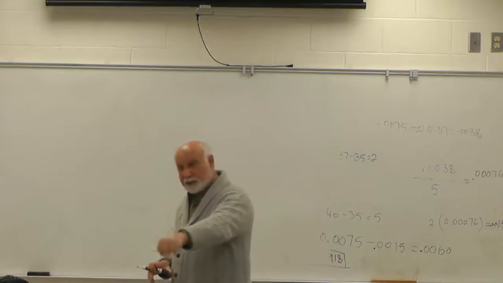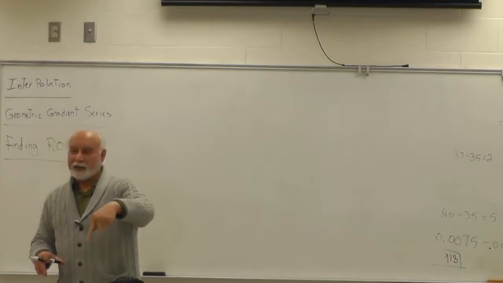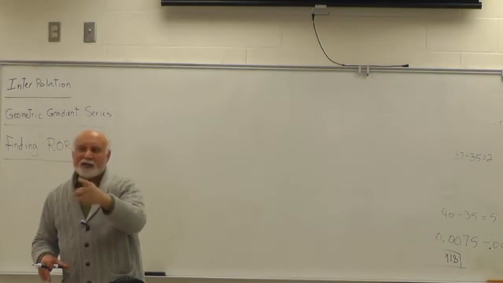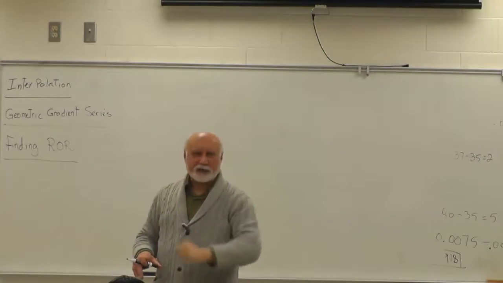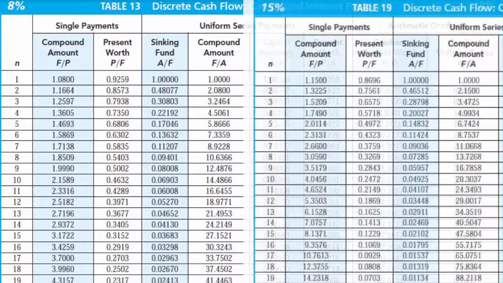Based on the three tables that we are going to be working with, we are going to do an interpolation assuming that we don't have access to 12%. 8% and 15%. If you're given 8% and 15%, how would you find the value of a factor, any factor, using interpolation for a specific interest rate?